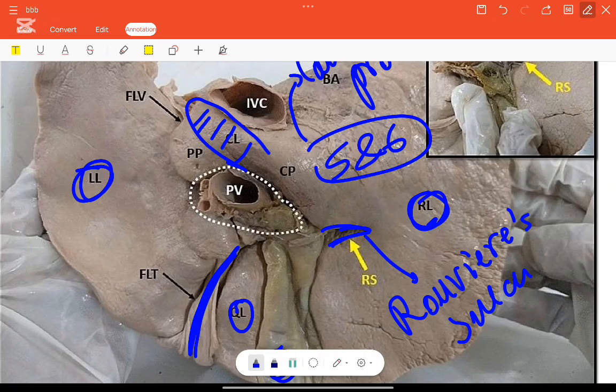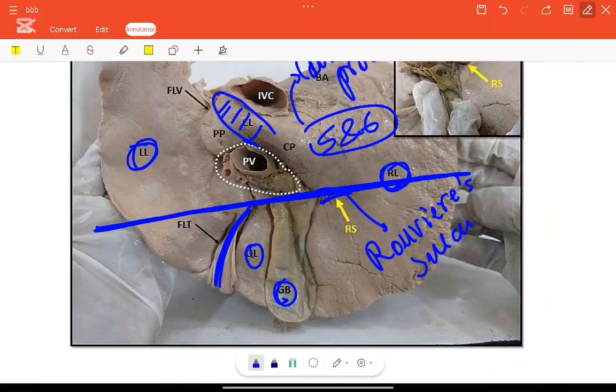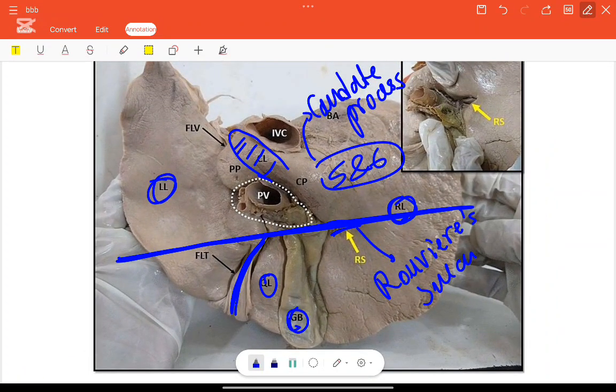Now, what is the importance of this sulcus? If you take a horizontal line at the level of the sulcus, behind this line, of course, that's anterior, that's posterior, is a dangerous area of dissection during cholecystectomy.